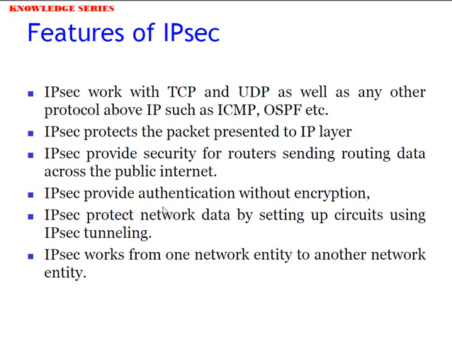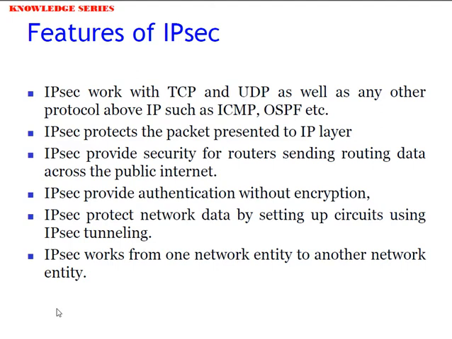IP security protects the network data by setting up circuits like IP security tunneling, from where the data can be sent between the two points, and they can be encrypted also. Moreover, such IP security packets can be sent across virtual private networks for maintaining connectivity.